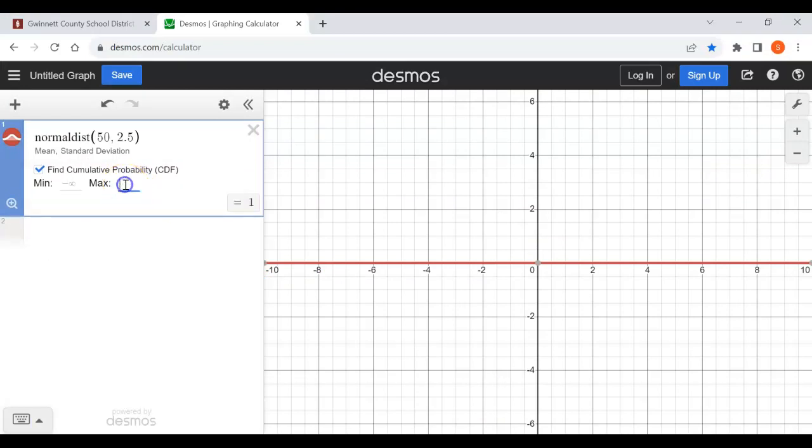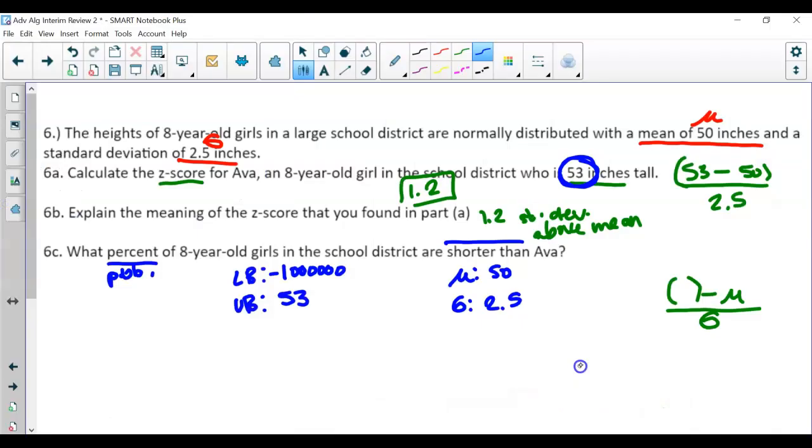So we're going to go ahead and type in 53. That's the max, that's the upper bound, and here you go. So the probability or percentage is 0.88 or 88%. So again, this is 0.88, and if we wanted to round it, 88.5%. Remember, you have to type in that normal distribution.